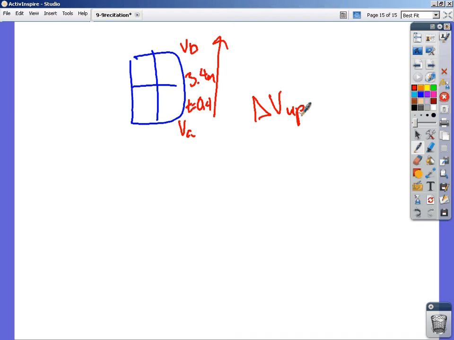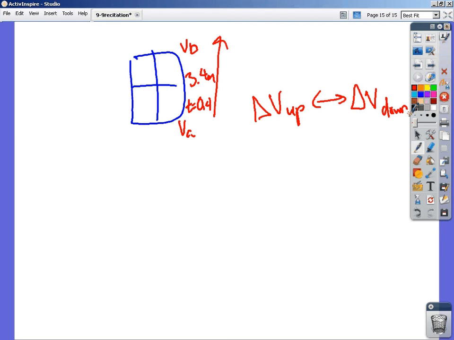What's the acceleration in the first problem? So in V down, the acceleration is 9.8. What do you think the acceleration in delta V up is going to be? Yep. We didn't change planets.